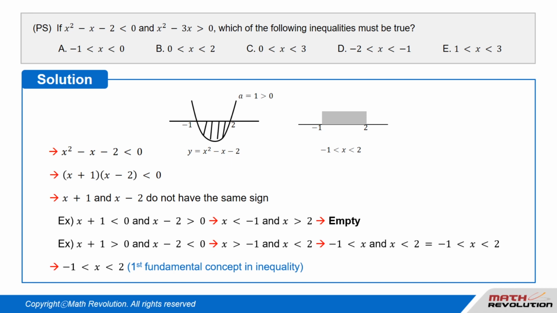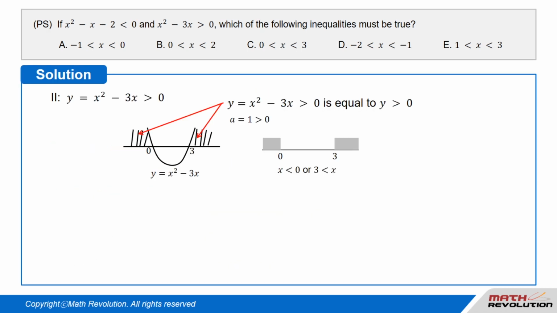X is greater than negative 1, or negative 1 is smaller than x, and x is smaller than 2 means negative 1 is smaller than x, which is smaller than 2, by the first fundamental concept in inequality. Therefore, the range of x becomes negative 1 is smaller than x, which is smaller than 2, as also shown in the figure above.